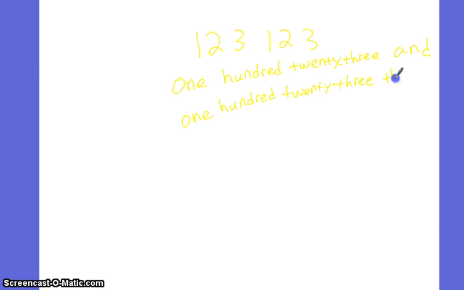So let's do a few more. Let's read this number and let's actually write it down. What is this number called? This number is called 123, and because I'm running out of room, I'm going to move down, 123 thousandths.